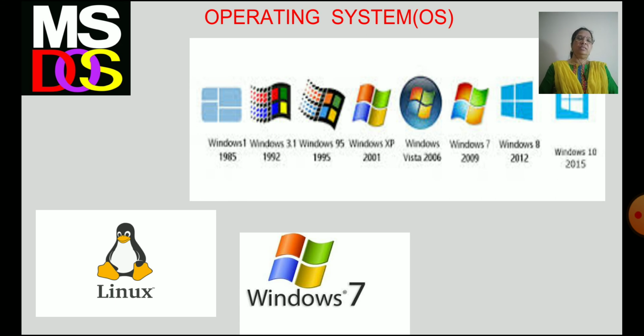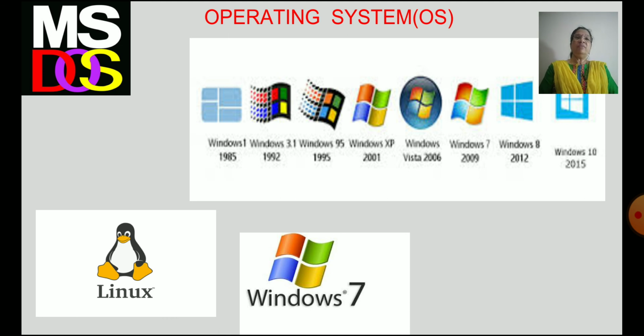So you can use any one operating system. MS-DOS was a character user interface. It is not a graphical user interface, it is a character user interface, Microsoft Disk Operating System. Before 1985, we were using Microsoft Disk Operating System.